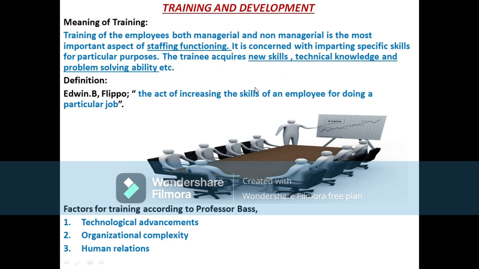So all over, it increases the capabilities or potentialities of an employee doing a particular job in an organization. In one word, training means imparting specific skills or new skills, technical know-how and problem solving ability to the employee who is performing a particular job, right?